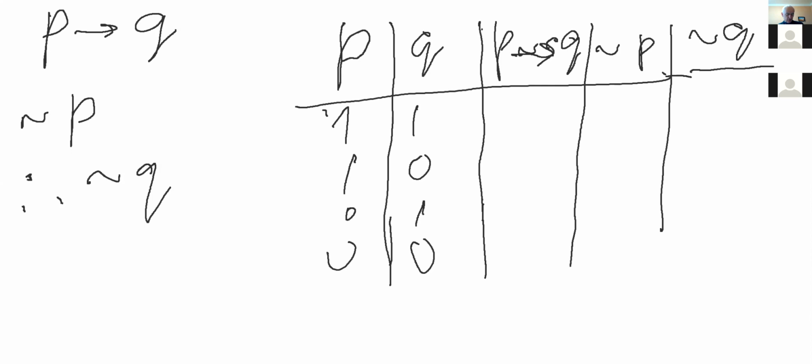Here we have false and the others true, by the definition of implication. Do you agree? Look critically. Yes.